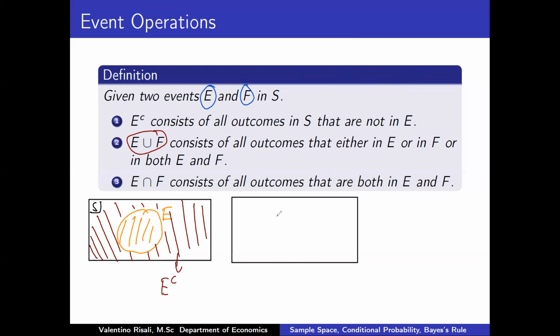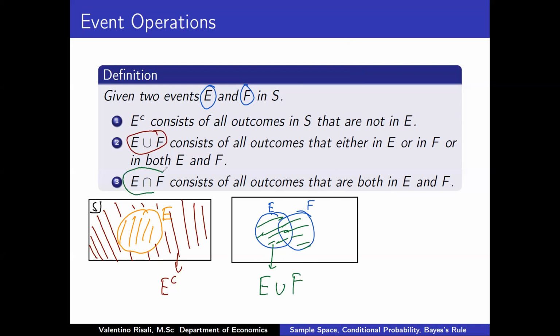For example, if we have E and F like this, E union F will be all possible outcomes either in E or in F or in both of them. This green area shows the union of E and F.